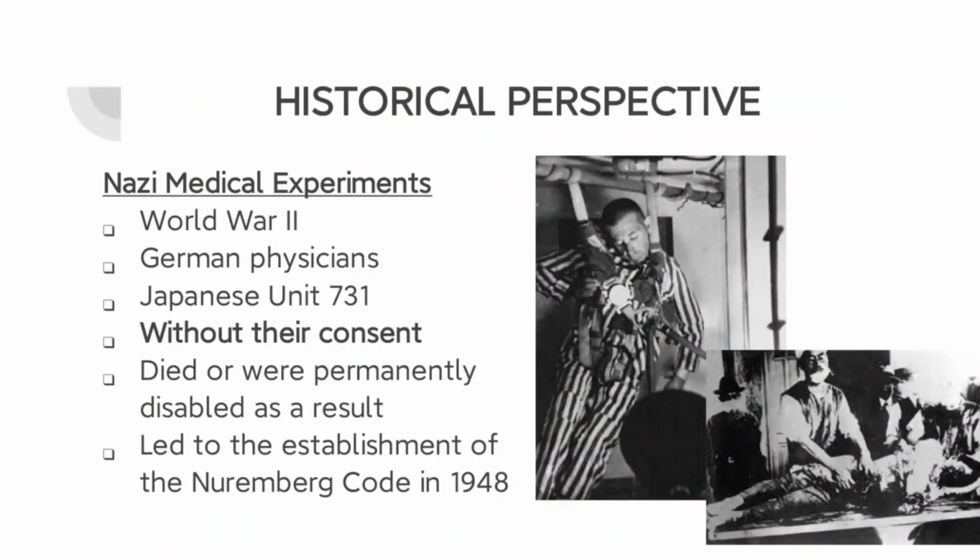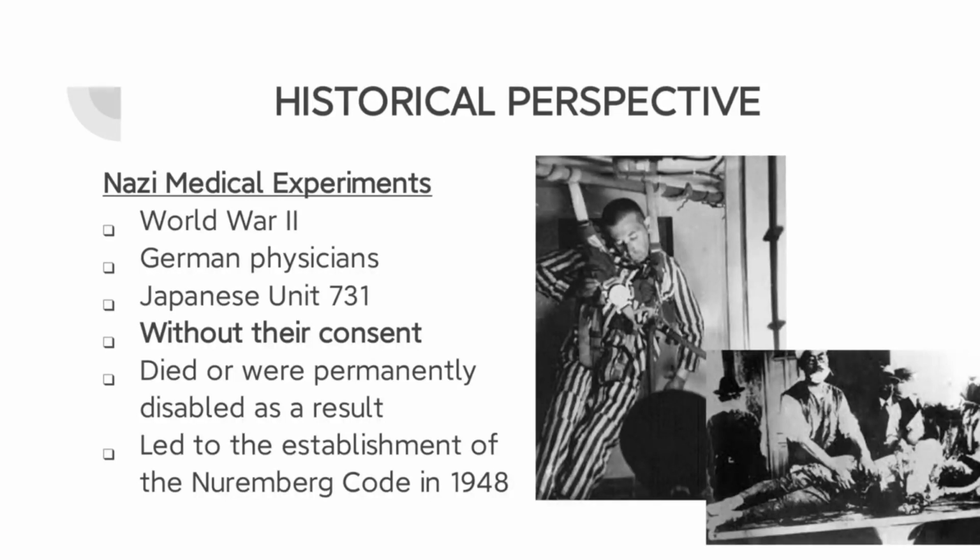Okay, now to give you a historical perspective of public health ethics, so probably one of the most popular stories in science na it gone wrong, sabi nga nila in history, is the Nazi medical experiments. So during World War II, a number of German physicians conducted painful and often deadly experiments on thousands of prisoners without their permission or consent.